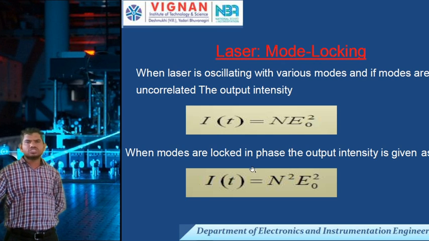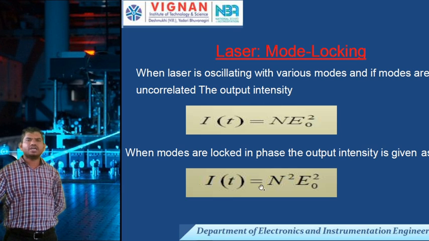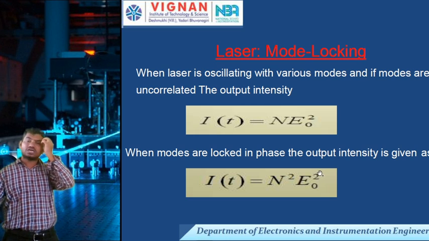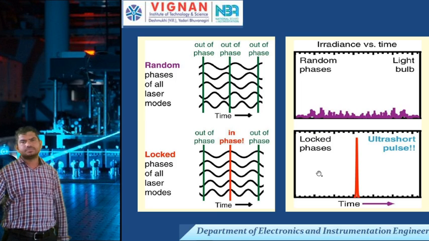When modes are locked in phase, the output intensity is given as I(t) = N squared E0 squared. These are the standard formulas in mode locking.